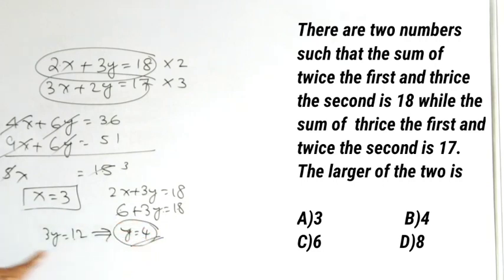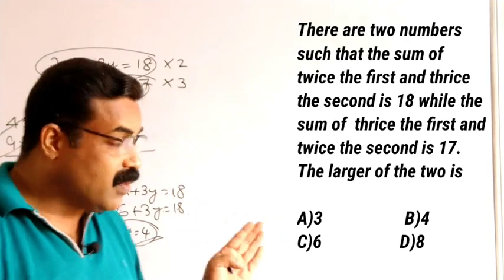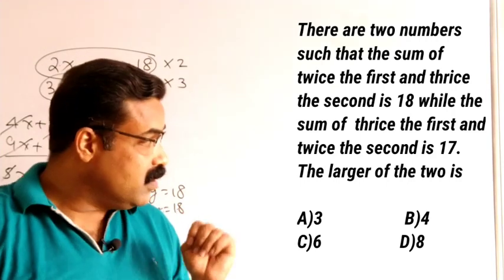So the two numbers are x = 3 and y = 4. We need to find which is the larger of these two. The larger is 4. So accordingly you can mark the correct option as number 4.